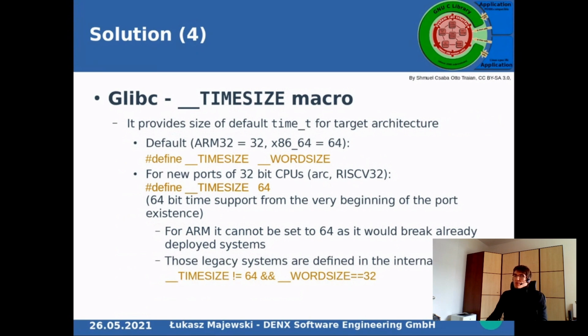And for ARM, for example, or the other ports which are already available, setting it to 64 would cause backward compatibility breaks. And what is interesting is that in the glibc source code, such problematic architectures which need the conversion are not taken port by port, but are defined as ones which have a time size not equal to 64, and at the same time for which the word size is equal to 32.